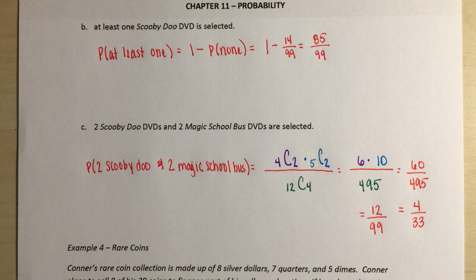So as we're working through these, pay attention if you're being asked for answers as reduced fractions or as decimals. Make sure that you are carefully coming up with the correct combination for your denominator, and either the combination or the multiplication of the different possible combinations needed for your numerator.